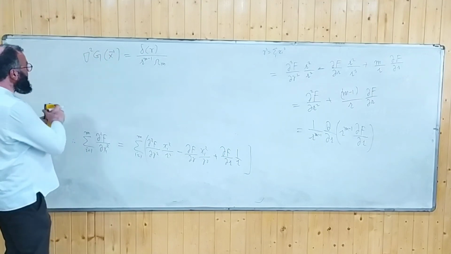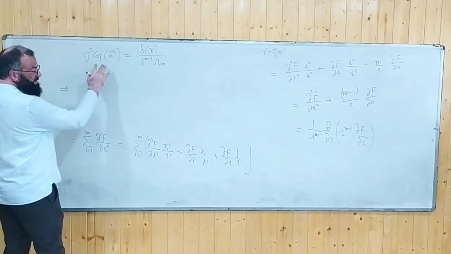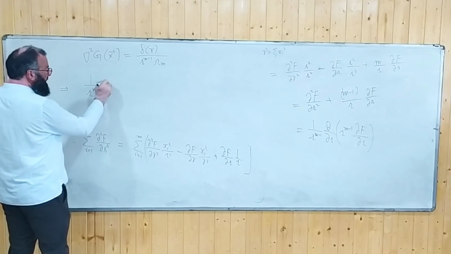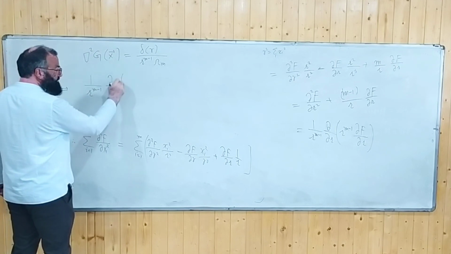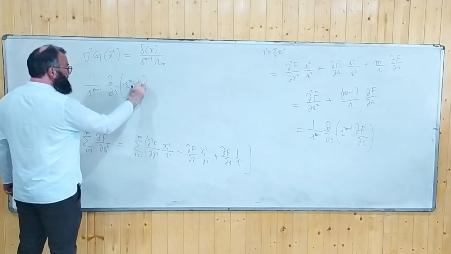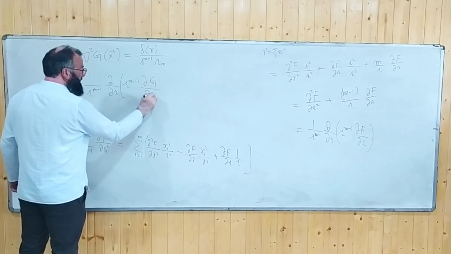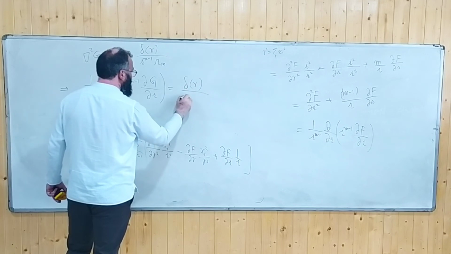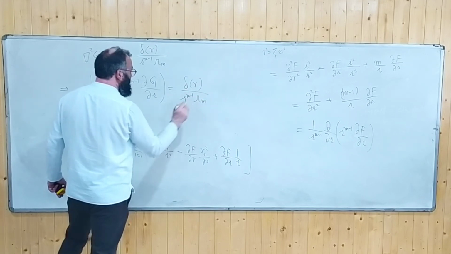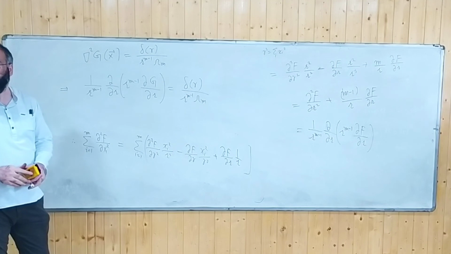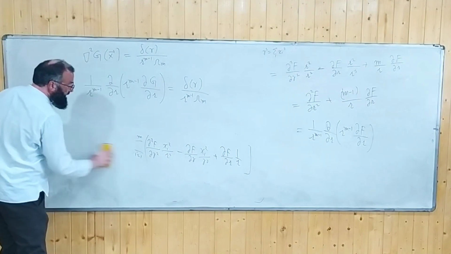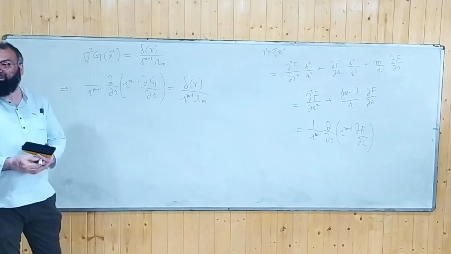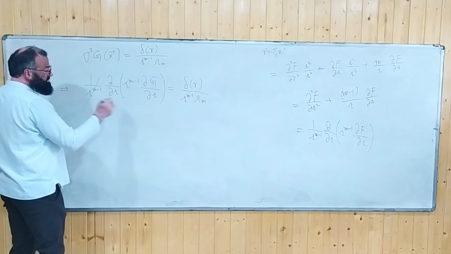So I can write this nabla square g simply as 1 divided by r raised to m minus 1, partial by partial r, r raised to m minus 1 partial g by partial r, equal to delta of r divided by r raised to m minus 1 omega m. Everybody got it? Okay, so this cancels with this thing.